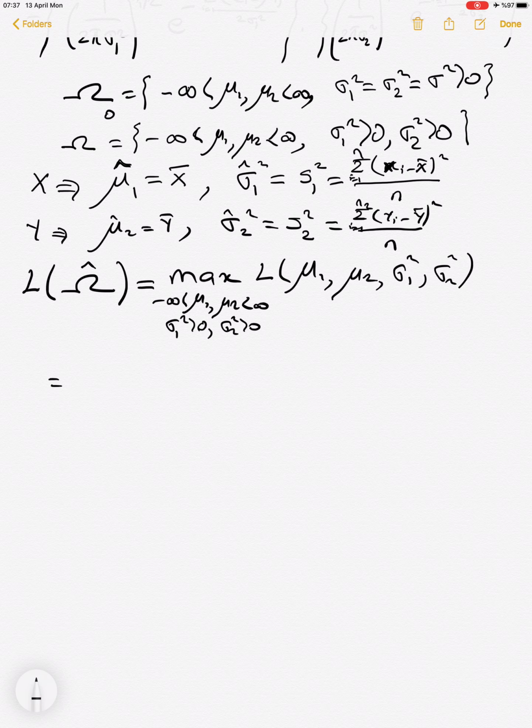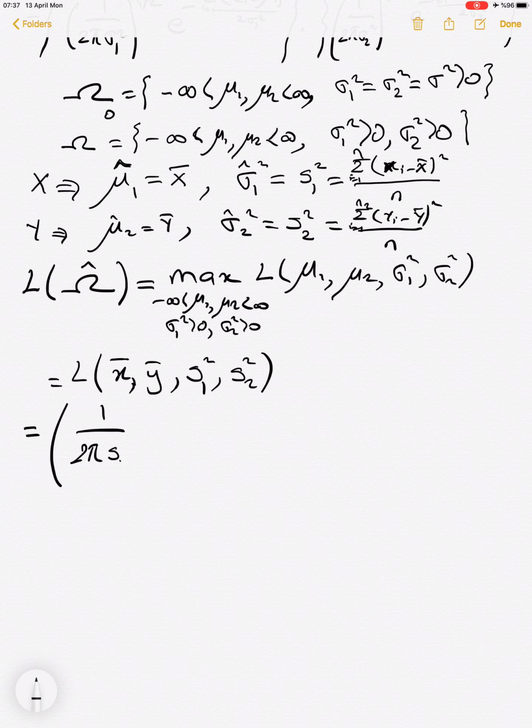which is satisfied by replacing mu1 by x bar, mu2 by y bar, sigma 1 square by s1 square, sigma 2 square by s2 square. So let's do this replacement. We have 1 over 2 pi s1 square, to the power n1 over 2, and e to the minus summation xi minus x bar whole square divided by 2 s1 square.